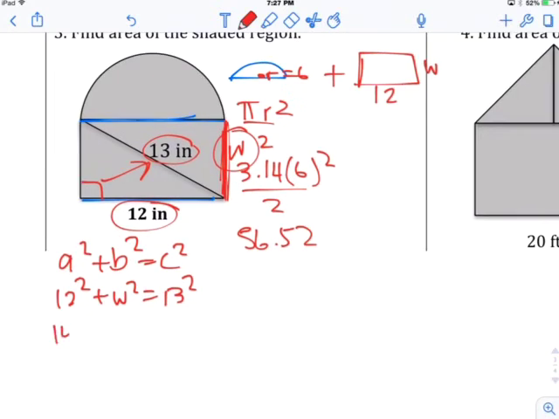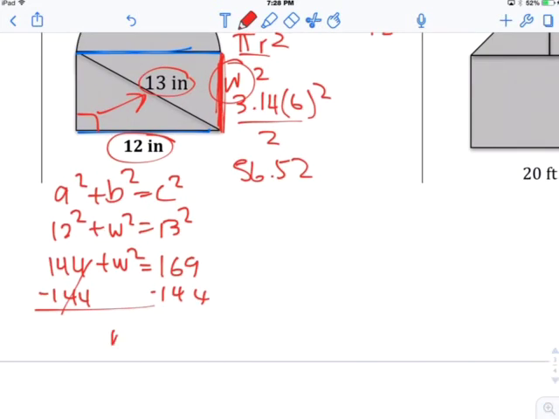So 144 plus w squared equals 169, minus 144 to both sides. w squared equals 25. Square root, w equals 5.